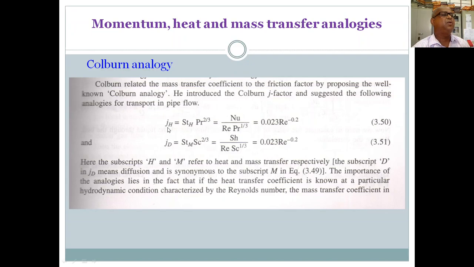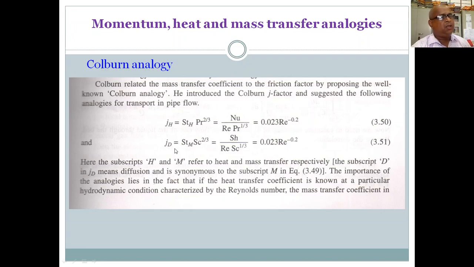And already, if you see in your equations, we have used this in heat transfer, and we have seen it in mass transfer also. That is the Colburn analogy, the Colburn j factor. This is the Stanton number for heat into Prandtl number to the power 2/3. This is the Colburn factor for heat, so JH equals Nusselt number over Reynolds into Prandtl to the power 1/3, which equals 0.023 into Reynolds number to the power minus 0.2.